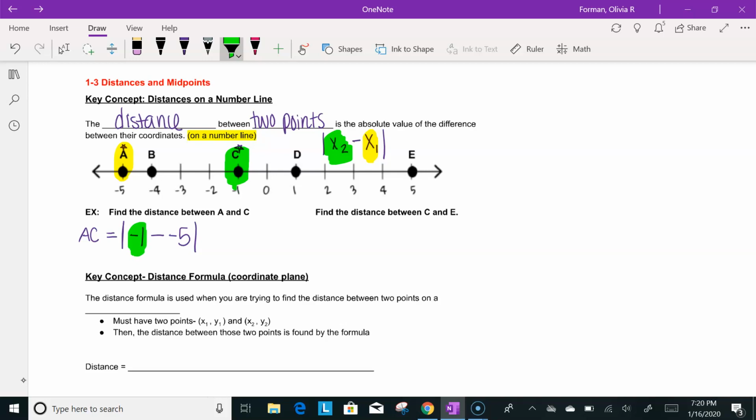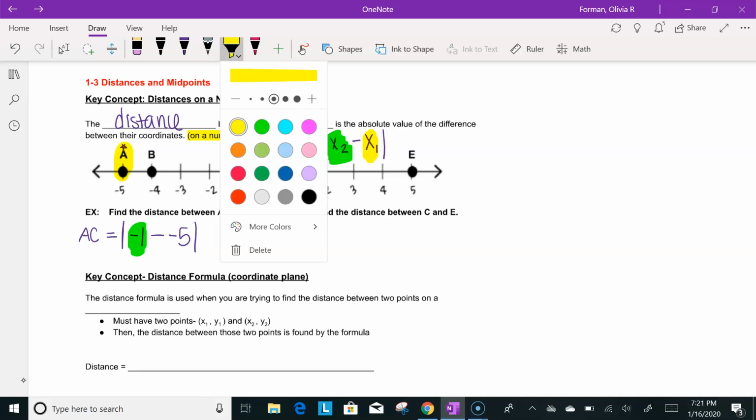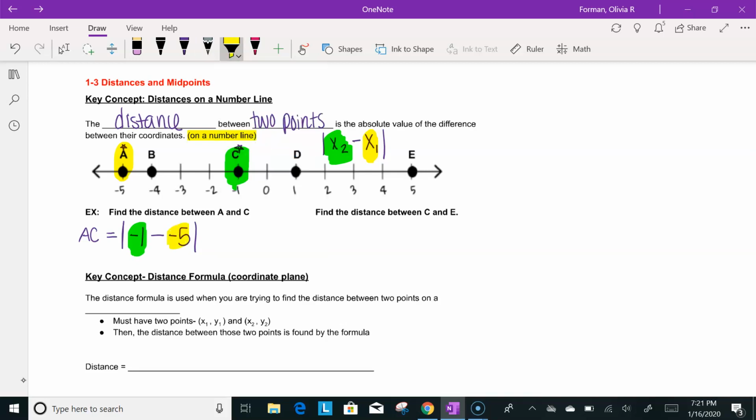C was at -1, and A was at -5. So I've substituted it into the equation: -1 minus -5 simplifies to -1 plus 5, which gives us the absolute value of 4, a distance of 4.